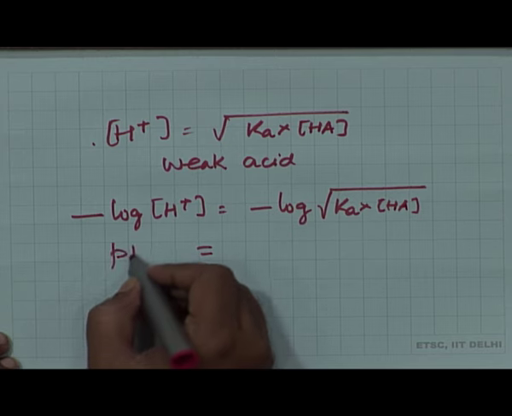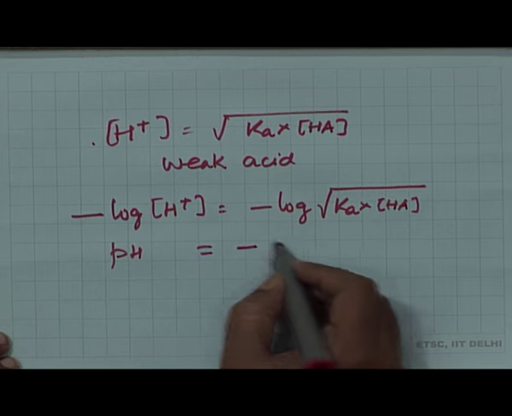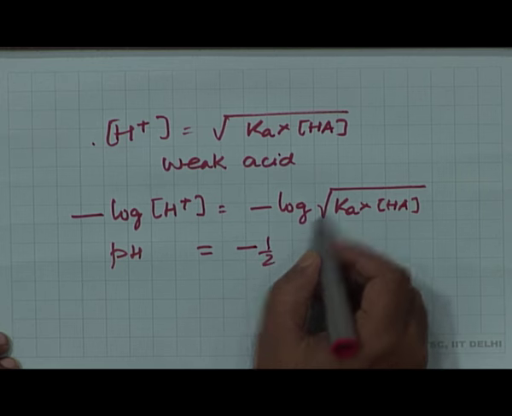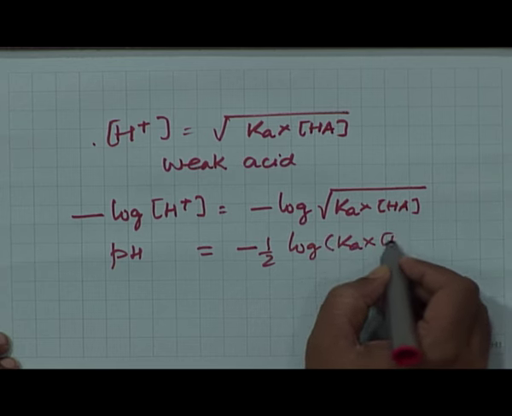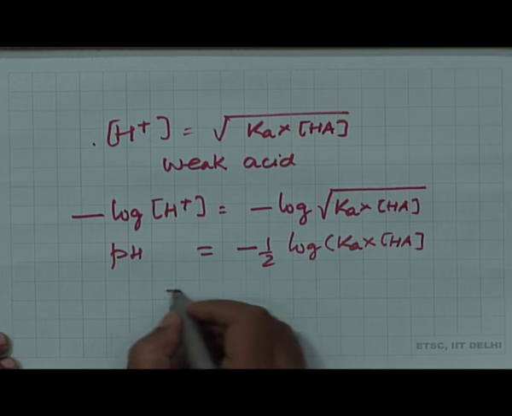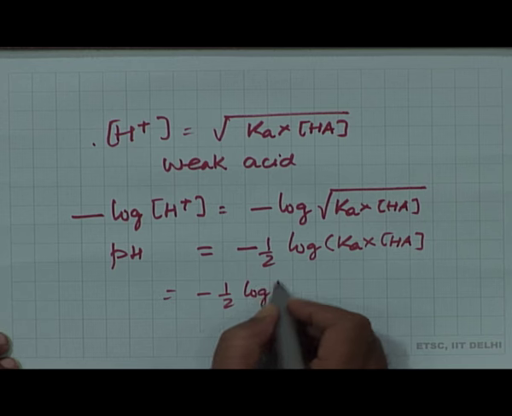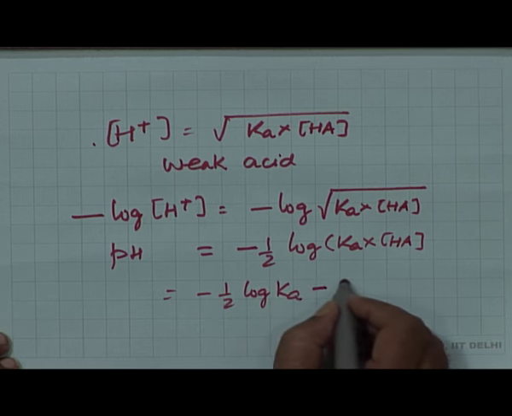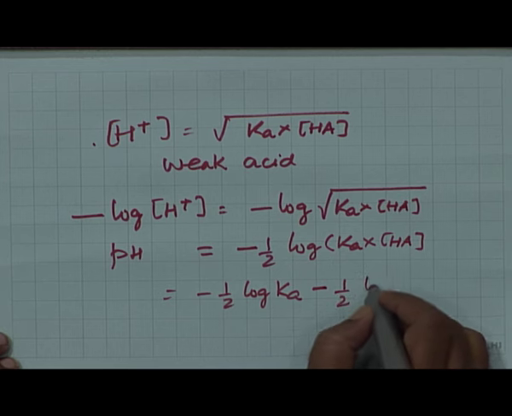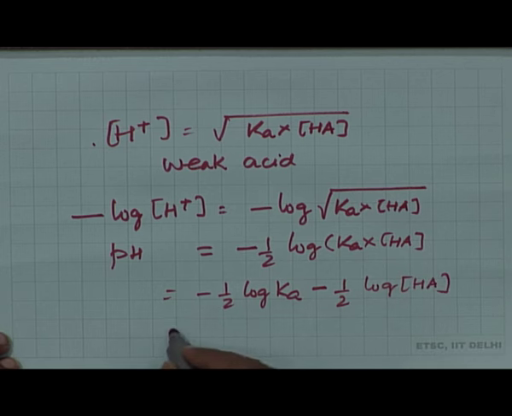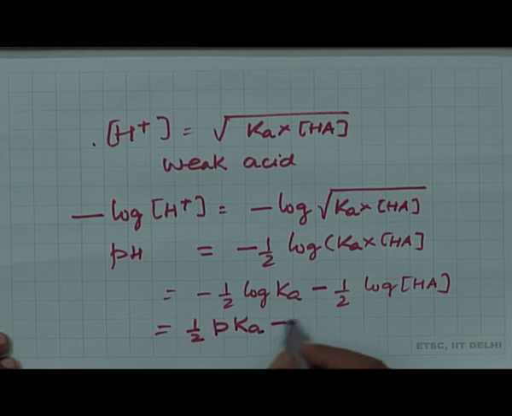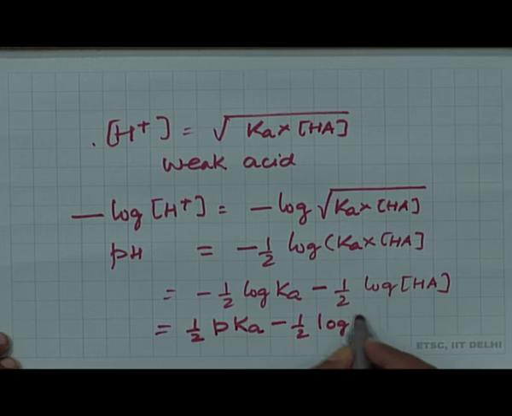We can write pH is equal to minus half log Ka into HA, is equal to minus half log Ka minus half log HA, and this is simply equal to half pKa minus half log HA.